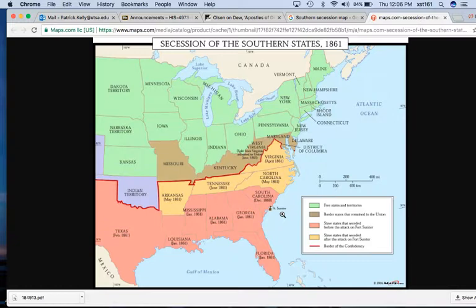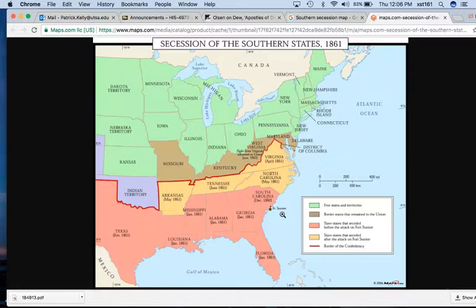And this is getting a little bit too much into the weeds, and I'll just move past it quickly. When Lincoln's elected, he doesn't get any electoral votes from the South, and the South had a hammerlock on the presidency until 1860 for various reasons that I won't go into.